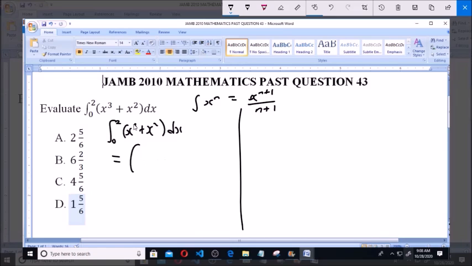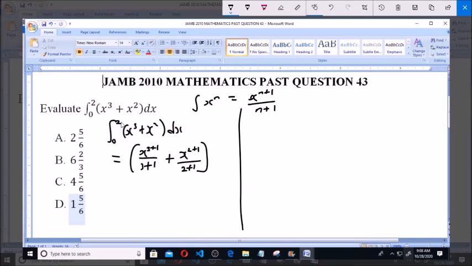So since we have x raised to the power of 3, it is going to be x raised to the power of 3 plus 1 all over 3 plus 1, plus x raised to the power of 2 plus 1 all over 2 plus 1.